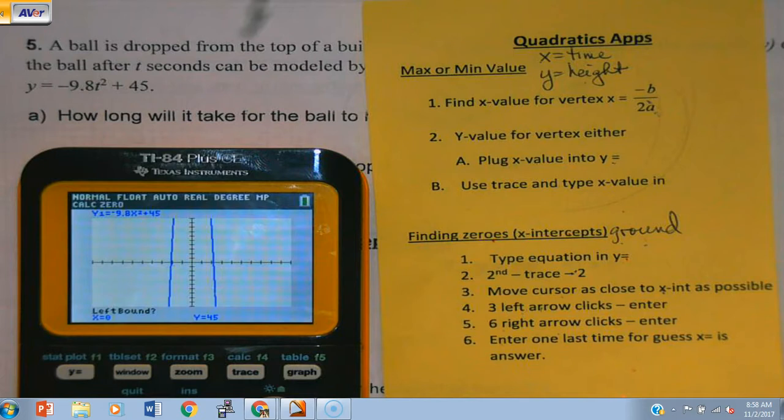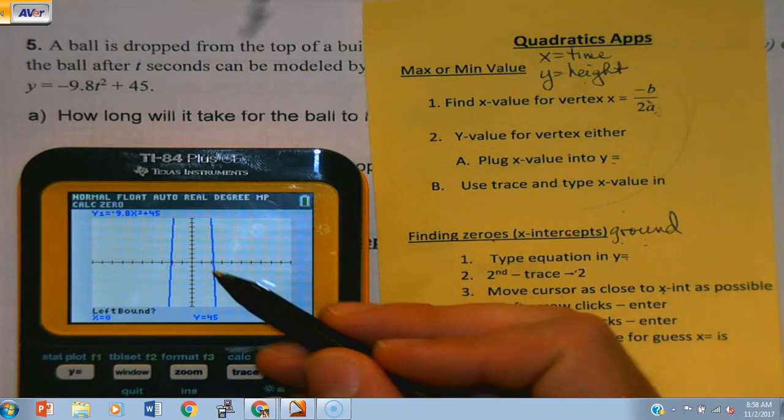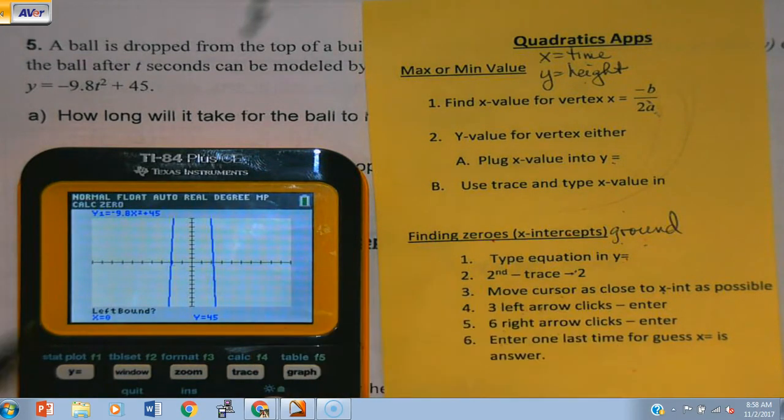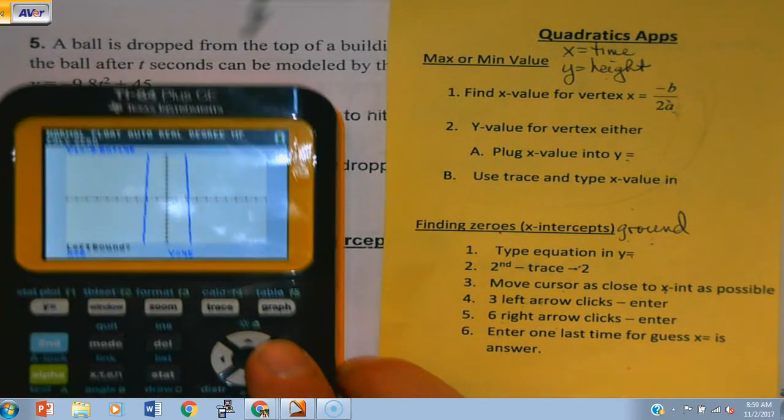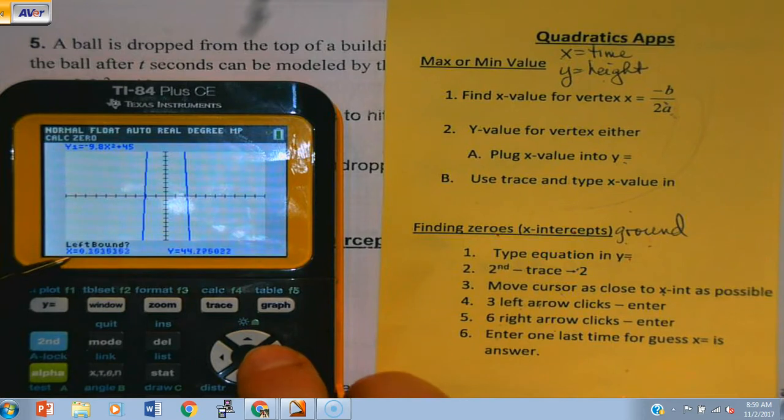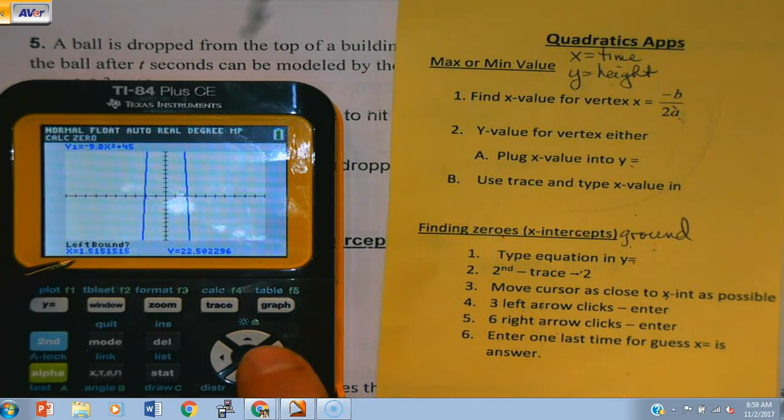Here's what I notice, and this is going to help me out. I notice the intercept's over here around 2. Right now it's at 0. So I'm going to start, after I push this calculator up so you can see me doing it, going to the right, because I'm going to watch for this x value to start getting near 2, because then I should see my cursor guy. There he is. I'm going to get as close to the intercept as possible, as close to the axis as I can.